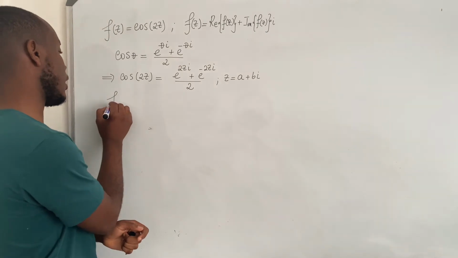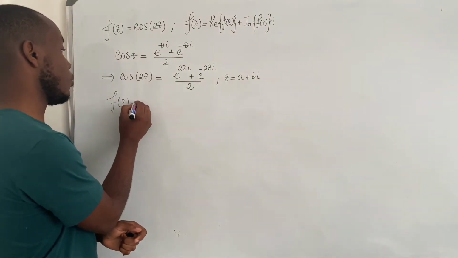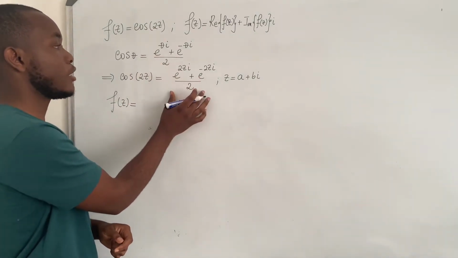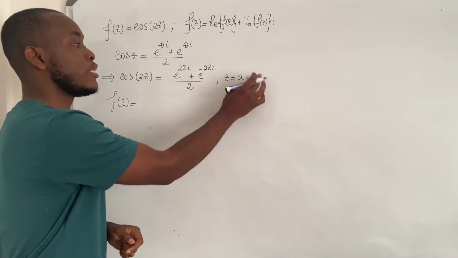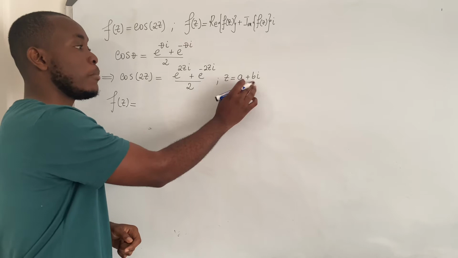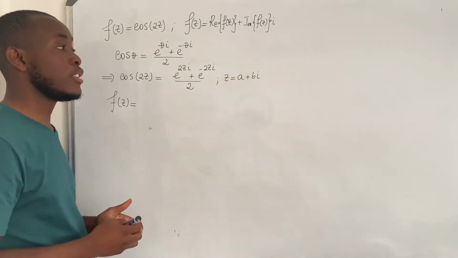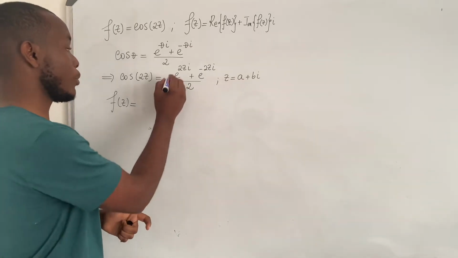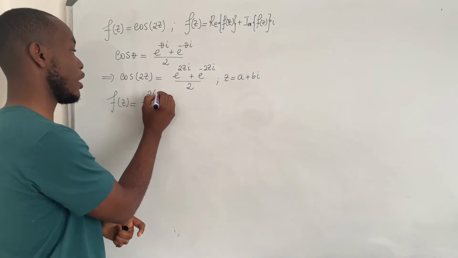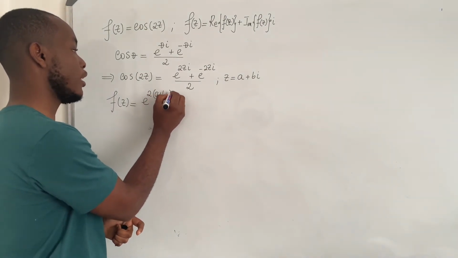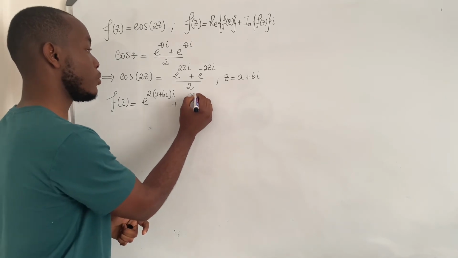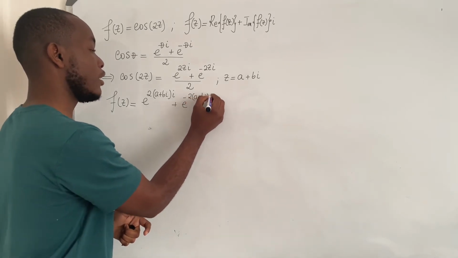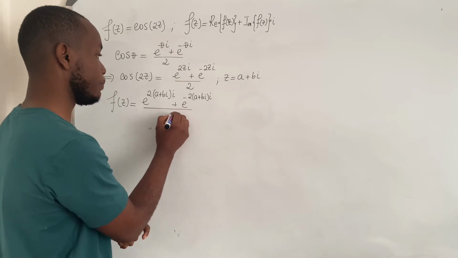So we can say that f of z will be equal to the same expression, but where there is z, we can substitute the normal expression, which is a plus bi. Why? Because z is a complex number. So we're going to have e to the power 2 times (a plus bi) times i, plus e to the power minus 2 (a plus bi) times i, over 2.